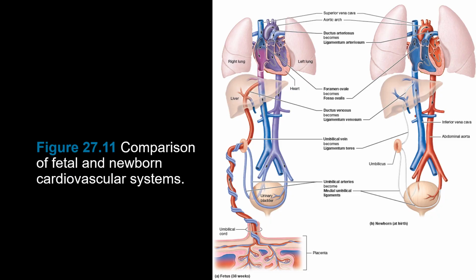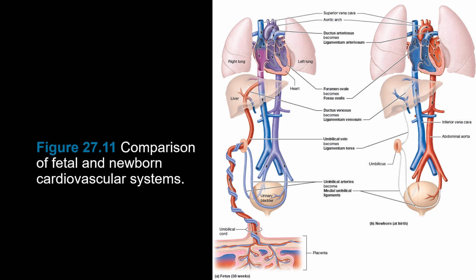And here you can see some of those structures in the fetus versus the newborn cardiovascular system. You see how blood has to travel through the umbilical cord, and that completely bypasses many of the structures. And of course, those degenerate, becoming the ligamentum teres, or the round ligament.